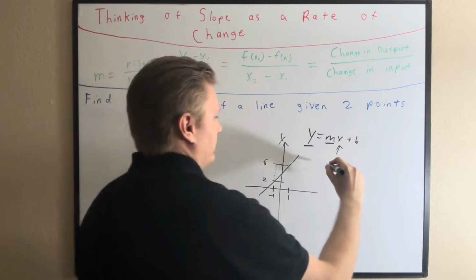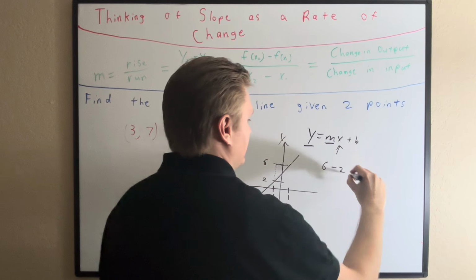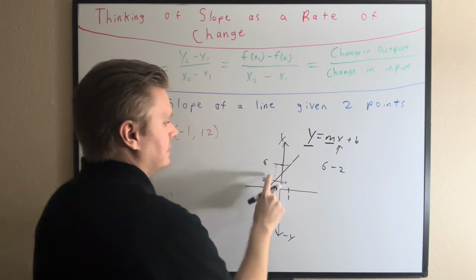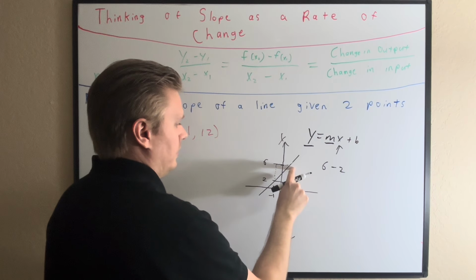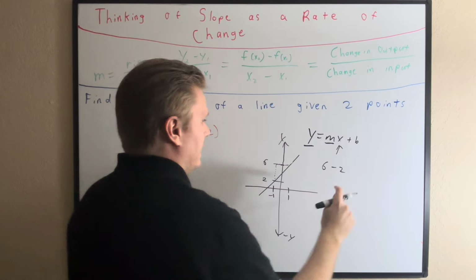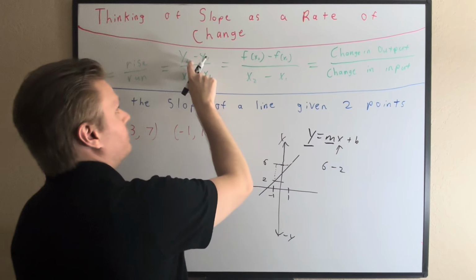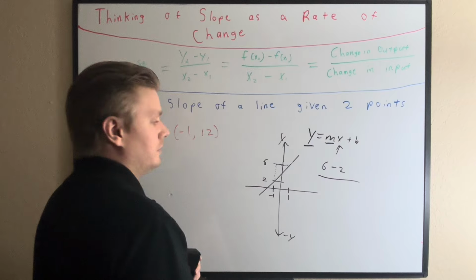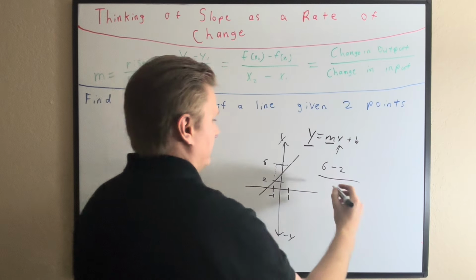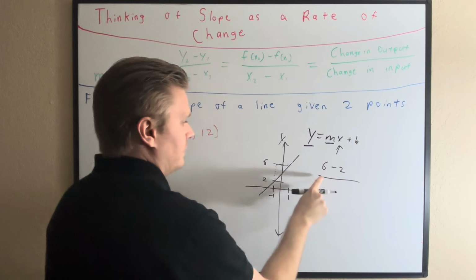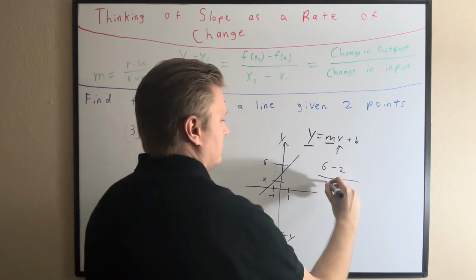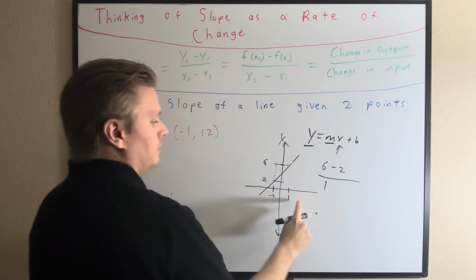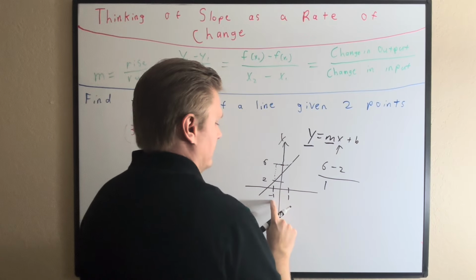Let's actually do this part. Let's do 6 minus 2, right? Because 6 is our second output, so that's why it's y2, right? Now, you could do it the other way, but since we're using 6 first, the x2 value would be 1, right? Not -1.